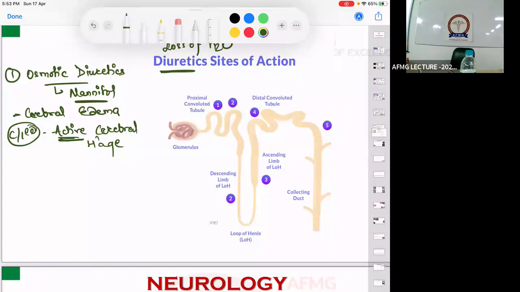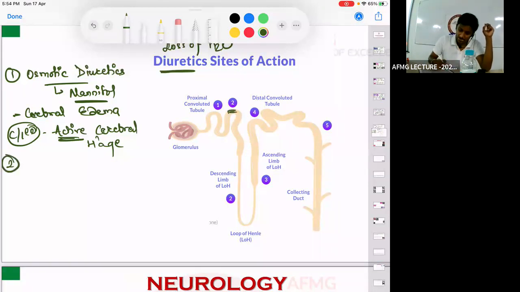If there is an active cerebral hemorrhage, definitely this drug is contraindicated, because it can decrease the ICP rapidly and suddenly. That will lead to herniation. So please remember, mannitol is used in cases of cerebral edema but contraindicated in cases of active cerebral hemorrhage.